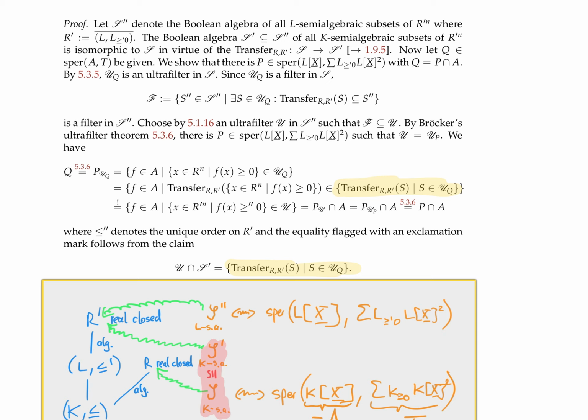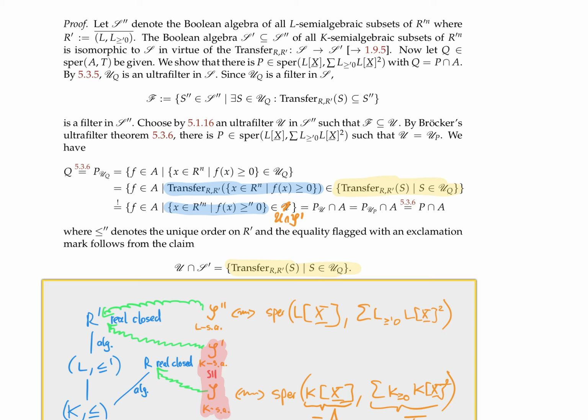So once I've proven this claim, then I'm clearly done, because what I highlight here in blue is actually, of course, exactly this, right? So this transfer, of course, can be written like this, and so if I have here that this yellow set is equal to U intersected S prime, then I can clearly write here U intersected S prime, right?